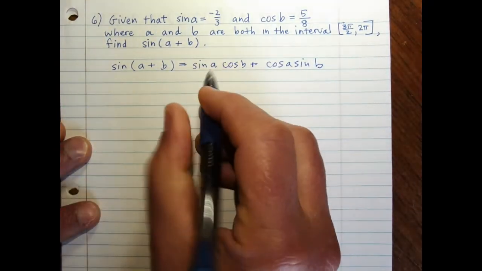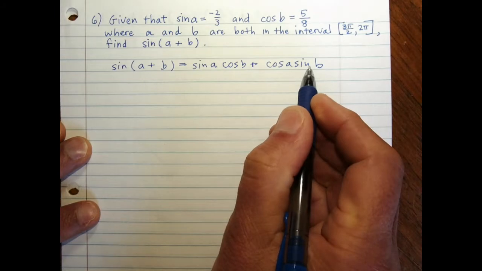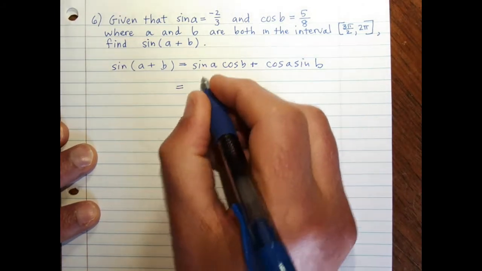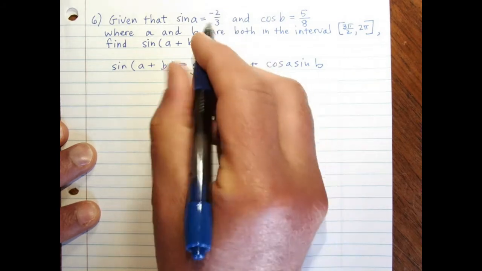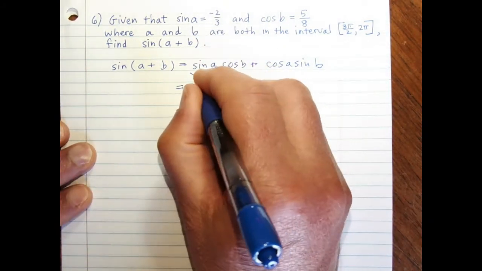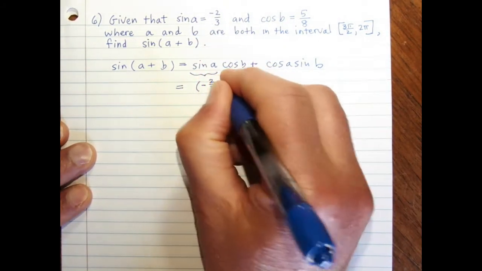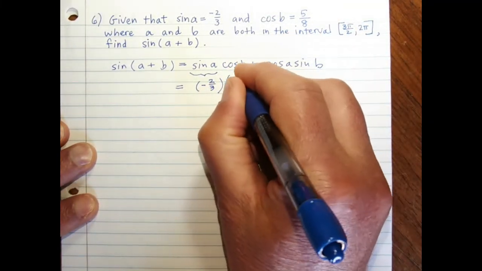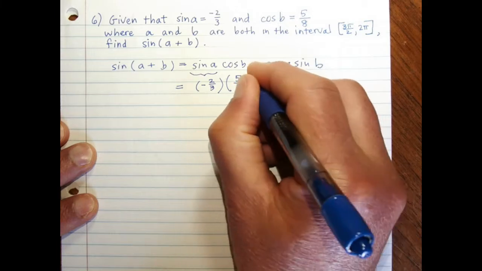And so we got 4 different trig function values involved here. Now notice we actually know what sine A is. They're telling us what sine A is, so that's -2/3. And we know what cosine B is. That's 5/8, plugging in.